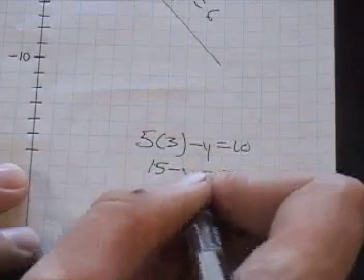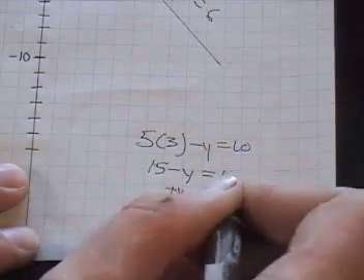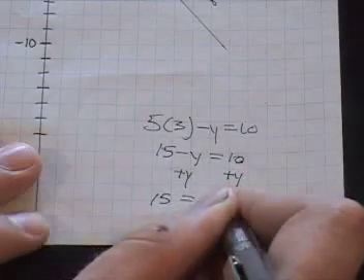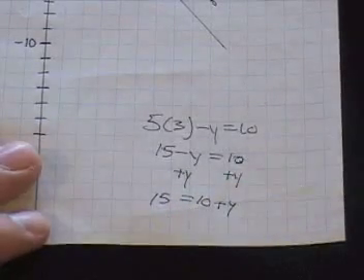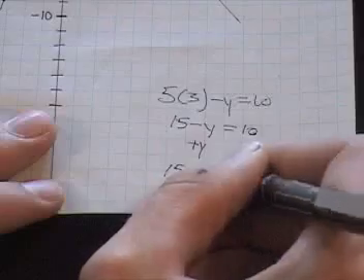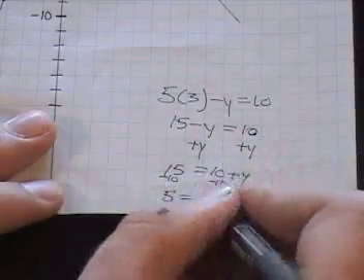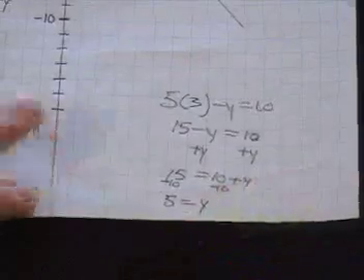Then plus y to each side. 15 equals 10 plus y. Subtract 10 from each side, and you're left with 5 equals y.